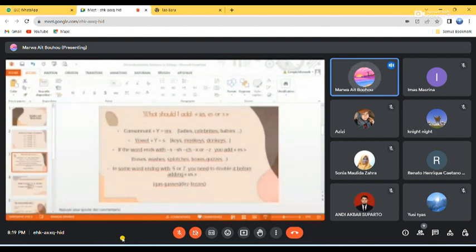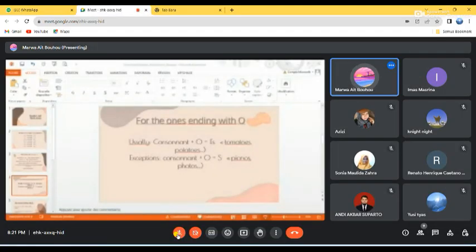Same thing for wash becomes washes, splotch becomes splotches, box, boxes, quiz, quizzes, etc. But some words, like quizzes, this word ends with Z, but when we want to pluralize it, we double the Z and then we add ES. The same thing for gas. Gas has only one S in the end, but when we want to pluralize it, we double the S, then we add ES, and it becomes gases.